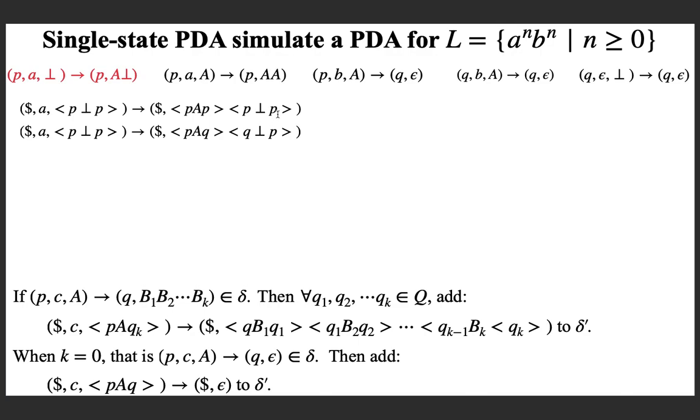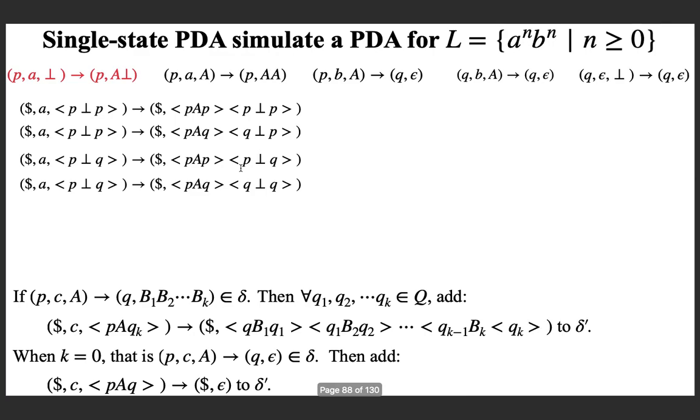Now, if you substitute Q here, you will get this transition when the middle state is P. So, you will get one more transition when you fix Q as the last state and Q as the intermediate state also. So, these are the four transitions that you will be getting by substituting this intermediate state as P or Q and the last state as P or Q. And everywhere last state is going to be the last component here, you can verify it.